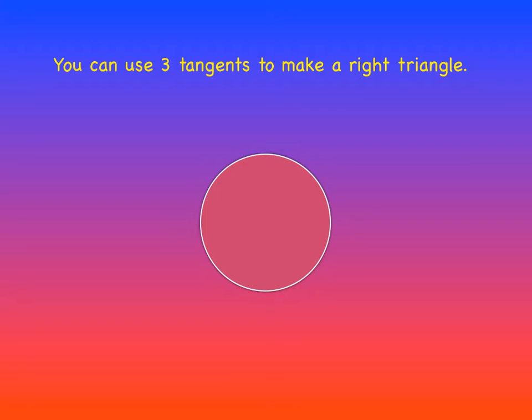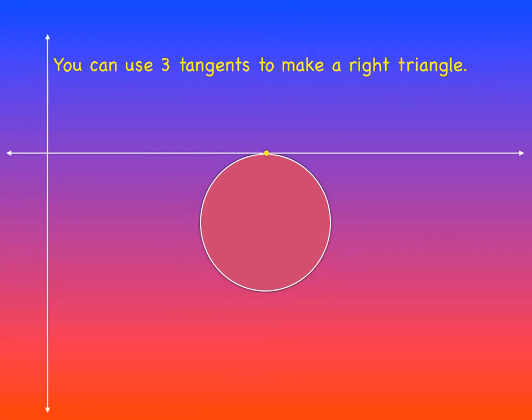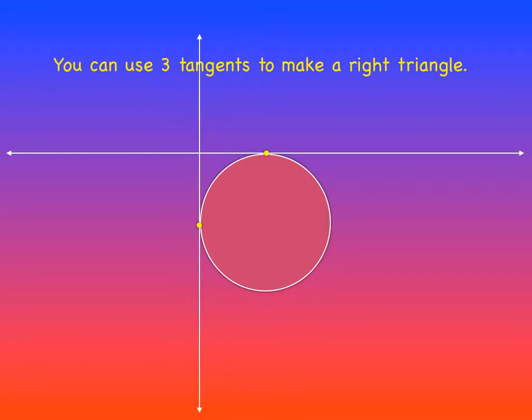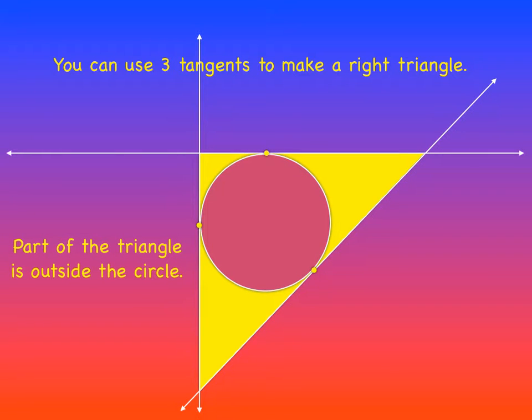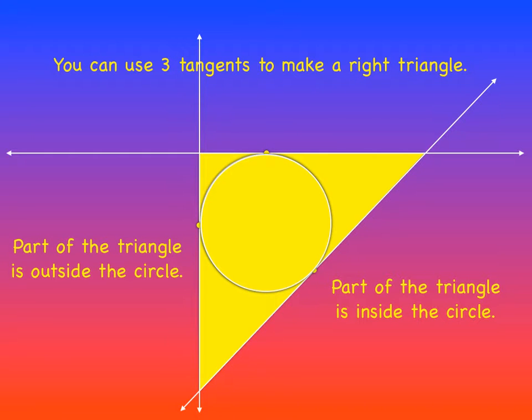You can use three tangents to make a right triangle. Part of the triangle is outside the circle, and part of the triangle is inside the circle.